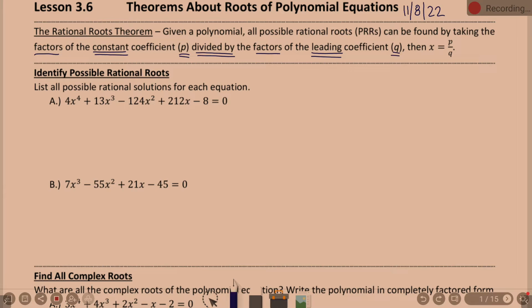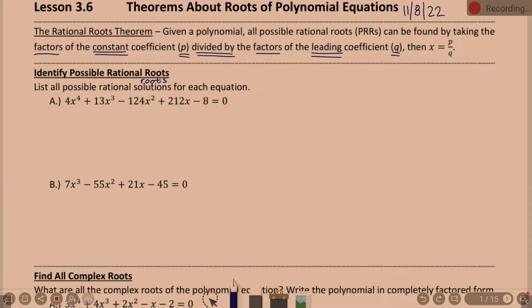This will make a little more sense when we start to put it all together down here. But for right now, let's list all possible rational roots or solutions for each equation. I left this as solutions, but I could have just as easily said roots, or zeros even.